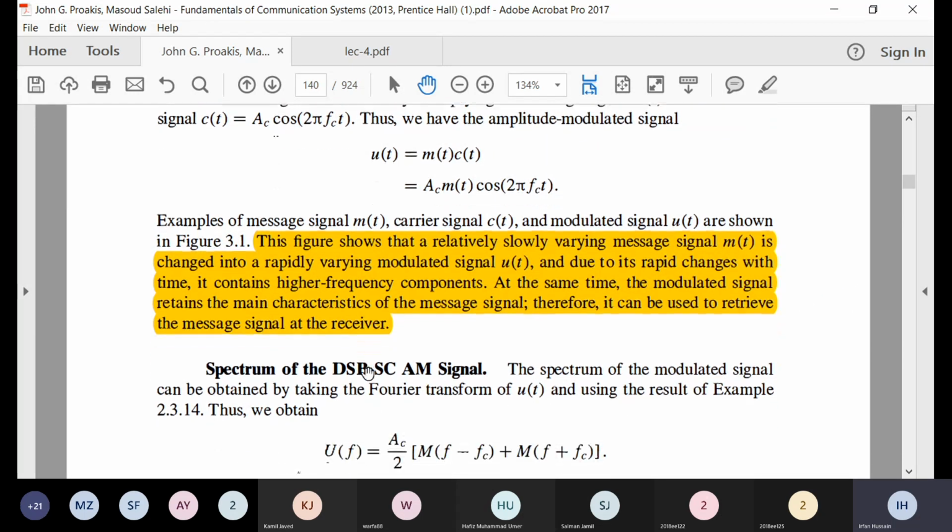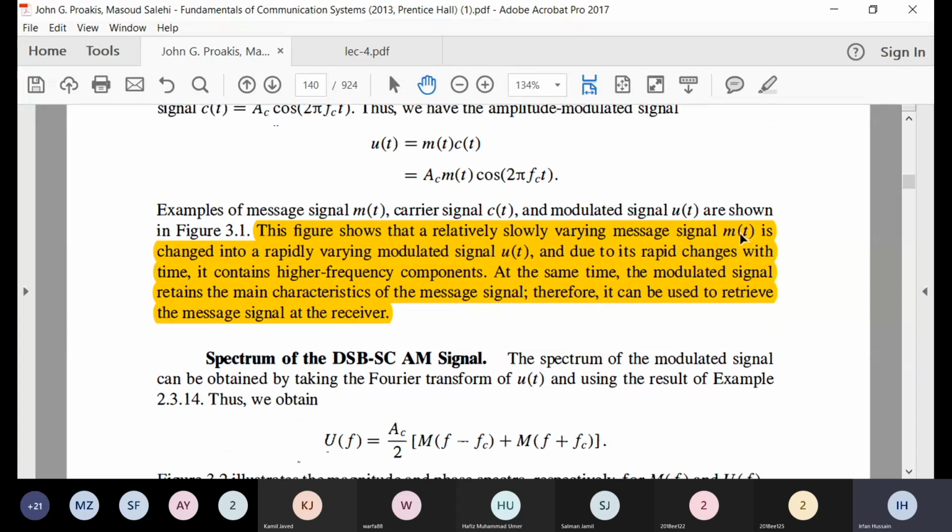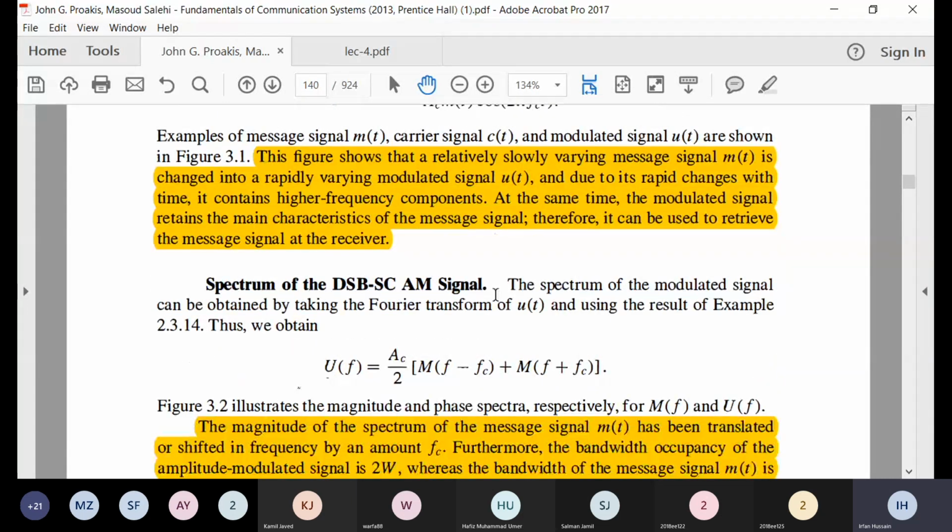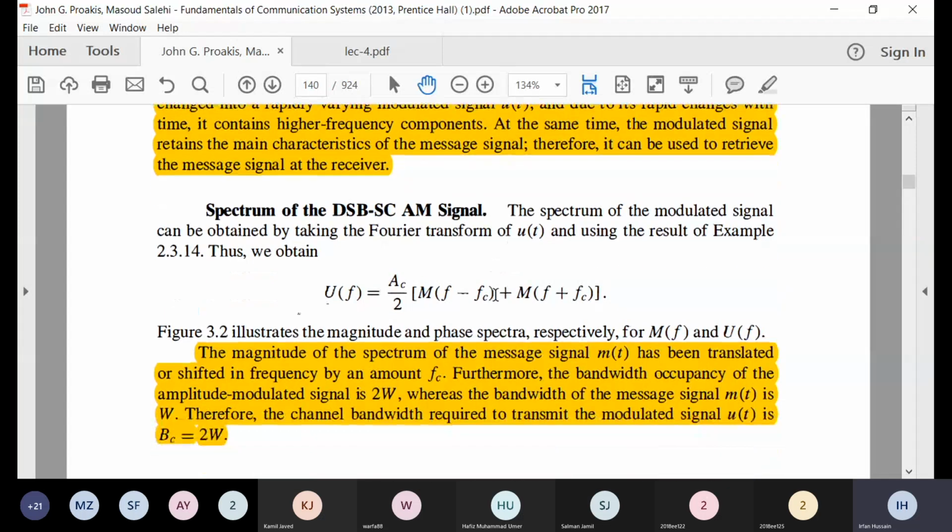You could see m(t) was a slowly varying signal. u(t) is a rapidly varying signal because of c(t) that contains high frequency components. But you could see that the modulated signal retains the properties of the message signal. So that is why the message signal could be retrieved from the modulated signal at the receiver.